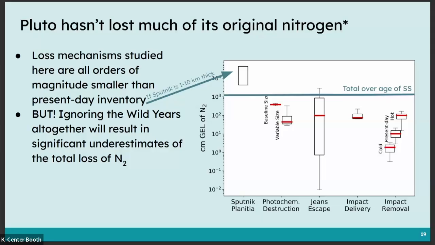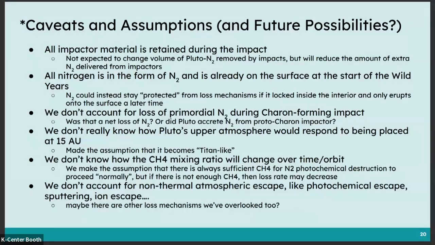So the red lines shown in these whisker plots on the right, all of the red lines are way lower than the amount of nitrogen that's currently in Sputnik Planitia. So the conclusion from this work, like I said, is that Pluto's primordial nitrogen inventory was not necessarily particularly different than its present-day inventory.